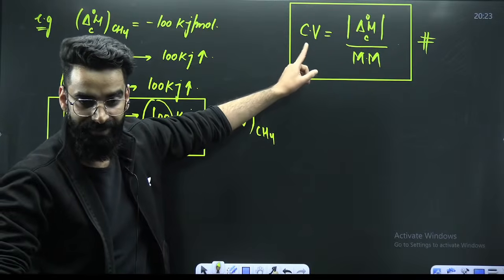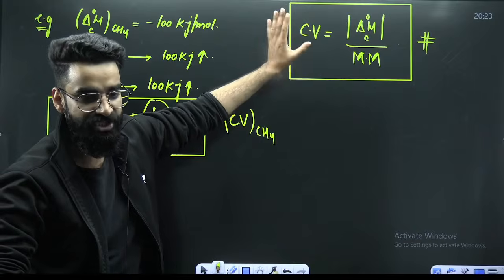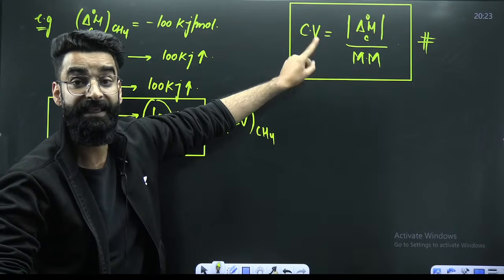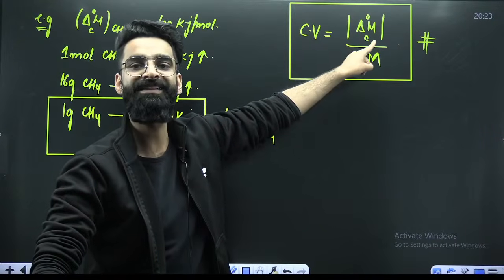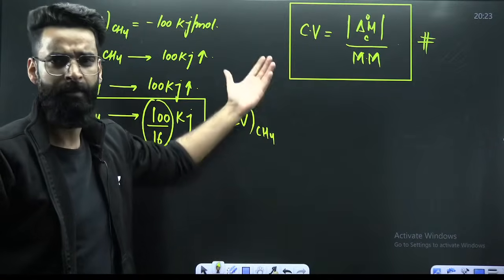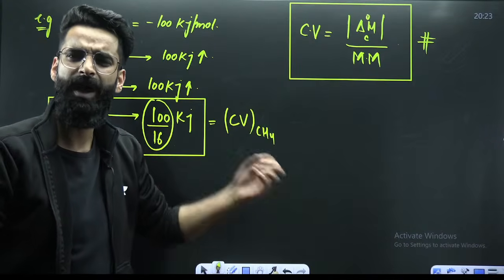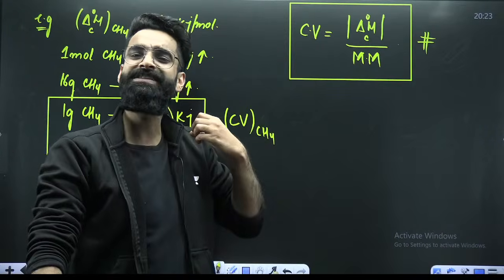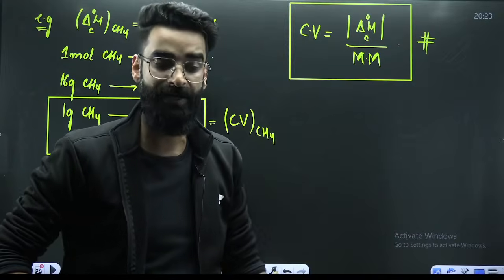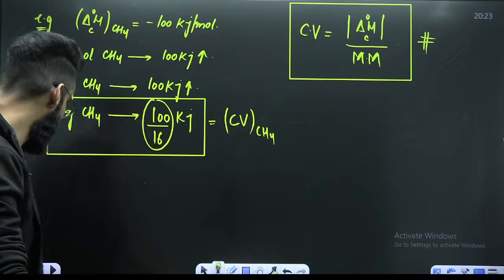The higher the CV, the better the quality and efficiency of the fuel, and the more heat released when 1 gram of fuel undergoes combustion. As simple as that.